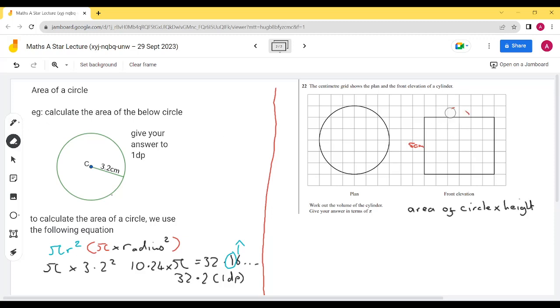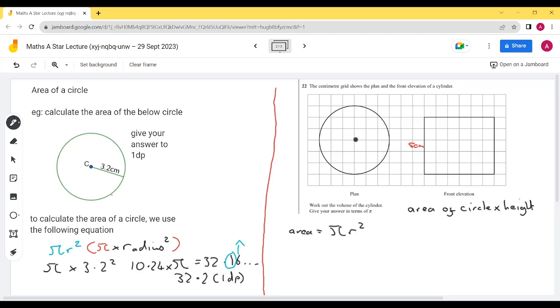So we only need our 5 centimetres here. We've got our height as 5 centimetres, but we need to work out the area of our circle. Remember, area equals pi r squared.